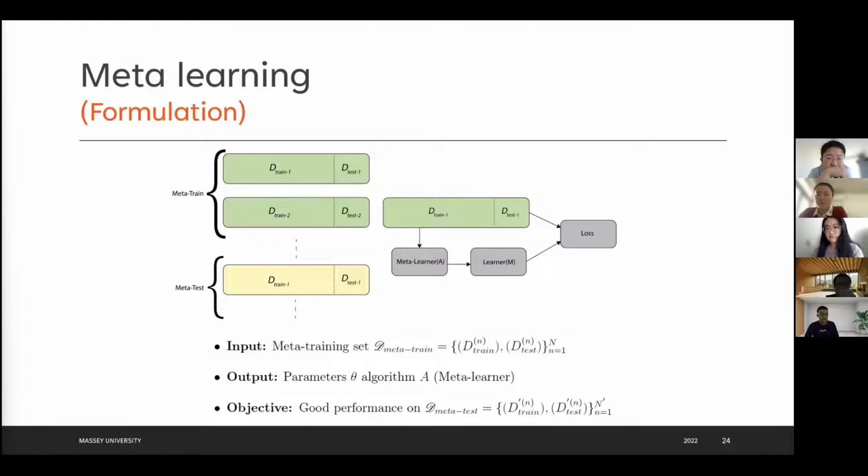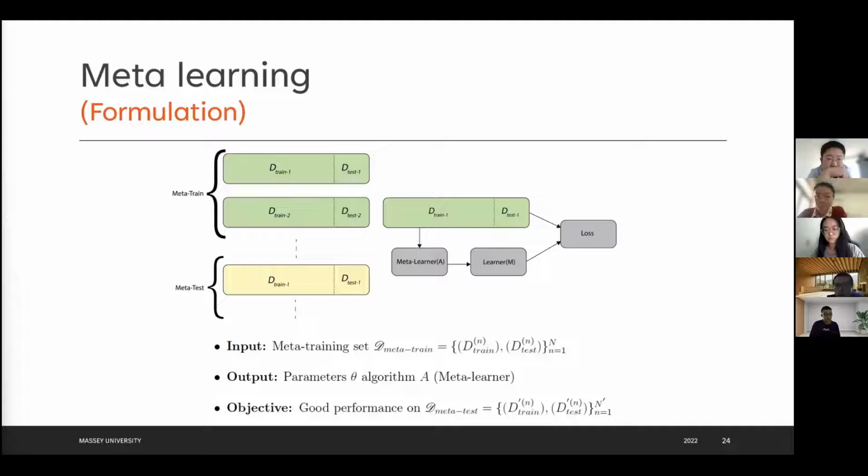Here in meta train, we have different data sets instead of examples, and these different data sets have different examples in them. Similarly, the meta test set has corresponding test sets. The meta train set is also called the support set, and the meta test set is also called the query set.